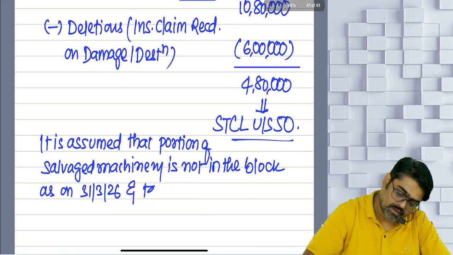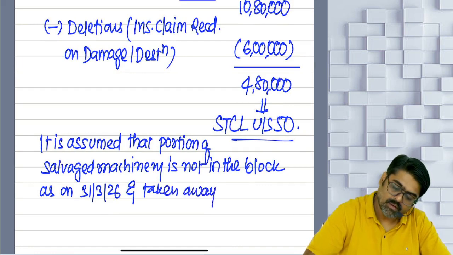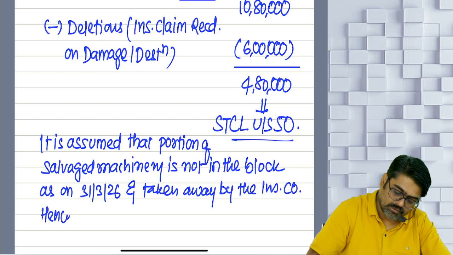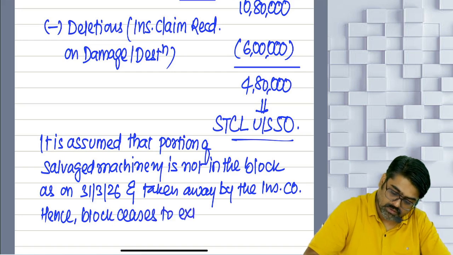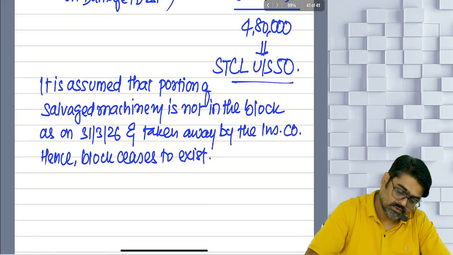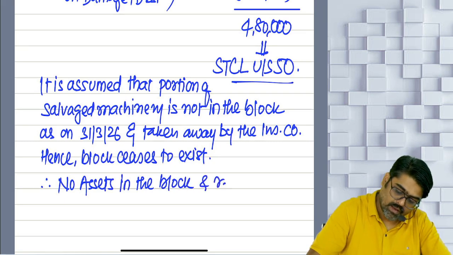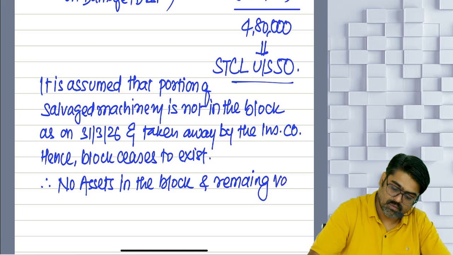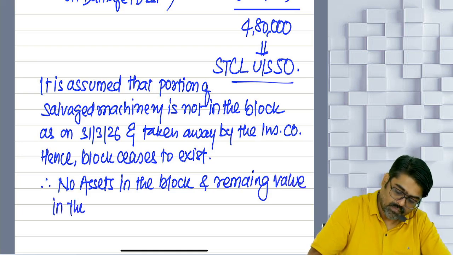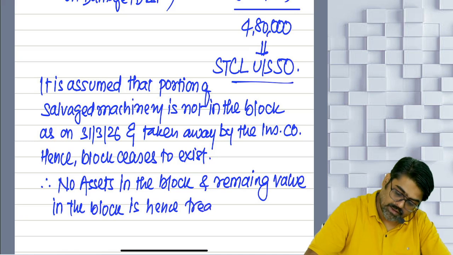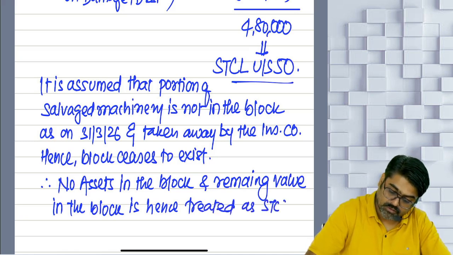And taken away by the insurance company, hence block ceases to exist. Therefore, no assets in the block, and remaining WDV, remaining value in the block, is hence treated as what? Treated as short-term capital loss.